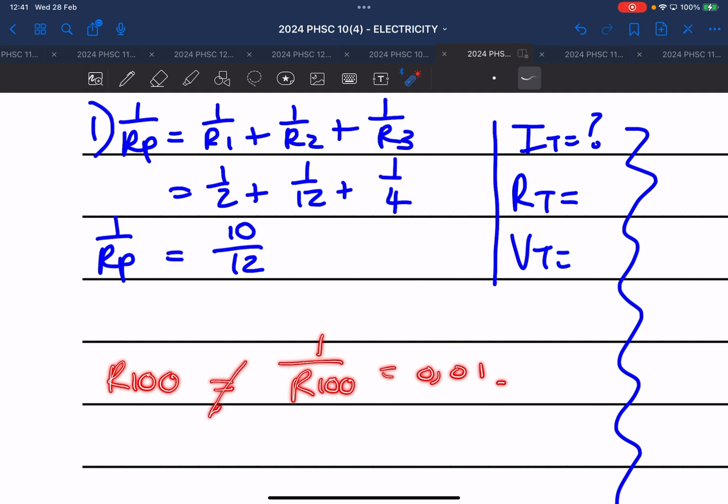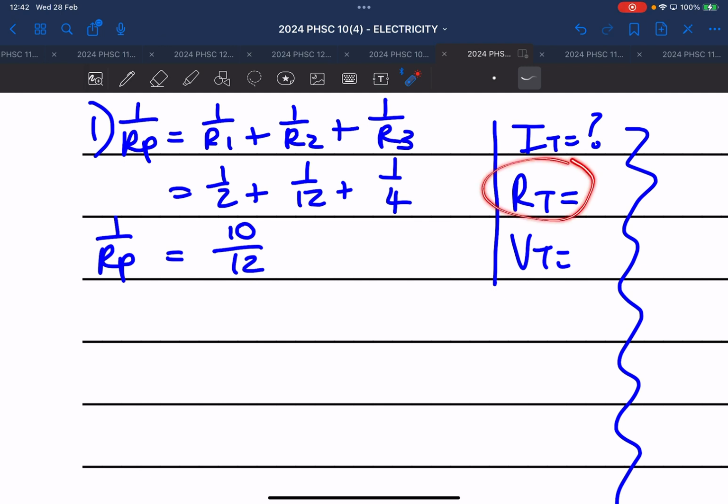Type in your calculator 100, and again you get 100. Now type 1 divided by 100. That gives you 0.01. So are they the same thing? No. So we can't say this is the same as this.